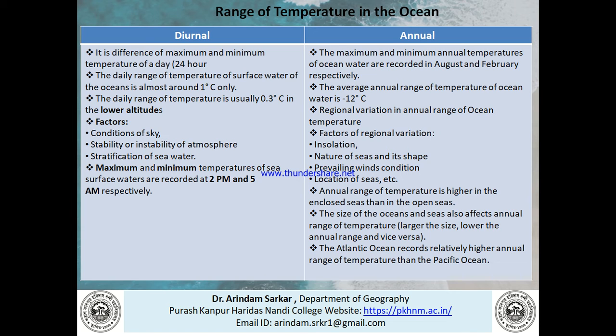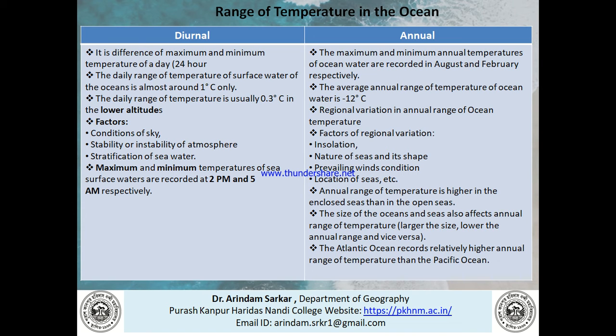Maximum and minimum temperature of sea surface water are recorded at 2 p.m. and 5 p.m. respectively. In the annual range of temperature, the maximum and minimum annual temperatures of ocean water are recorded in August and February respectively.